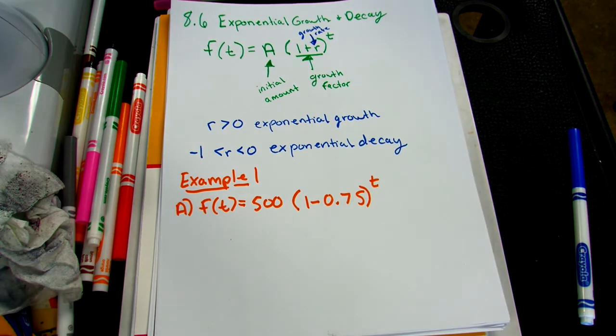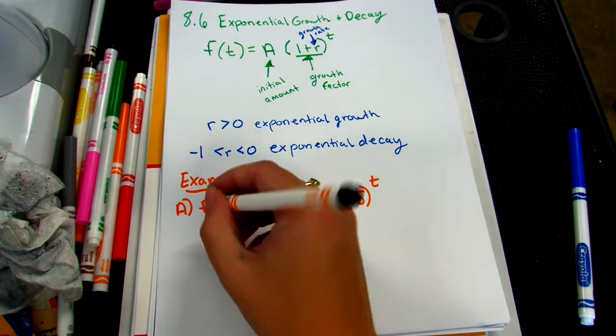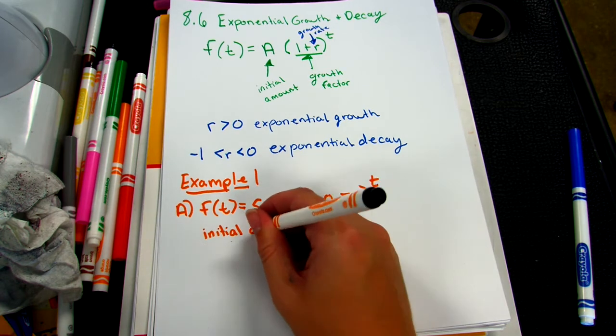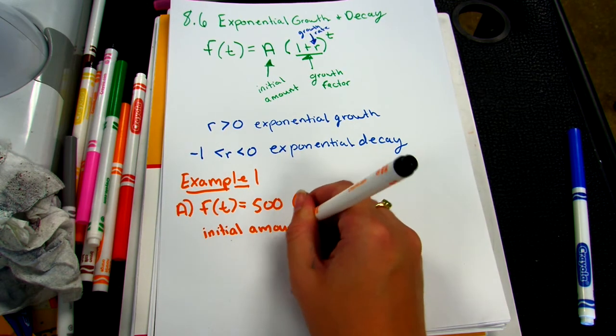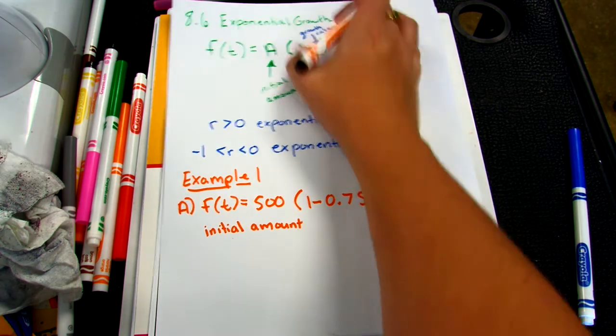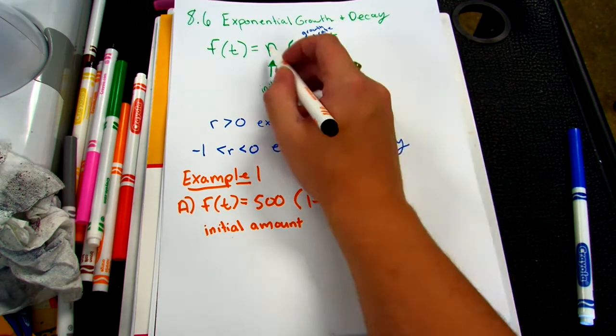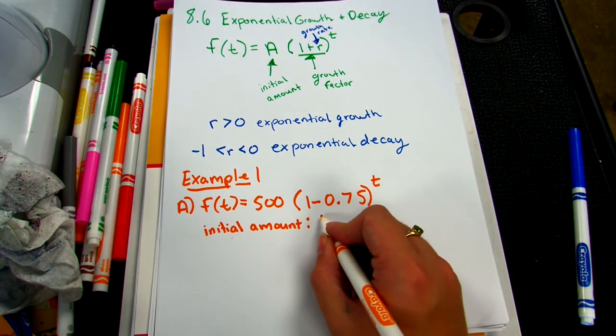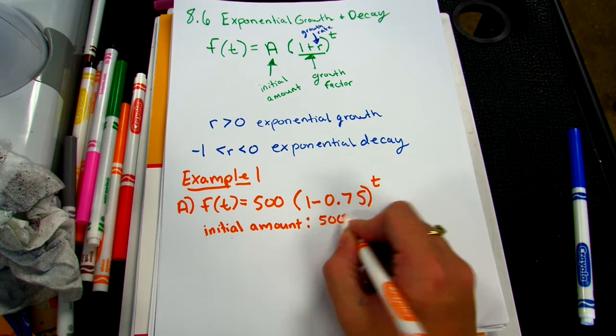The question says, identify the initial amount. Remember, initial amount is the A value. It's the value before the parentheses, before the growth factor, before the exponent. So the number in front is 500. Our initial amount would be 500.